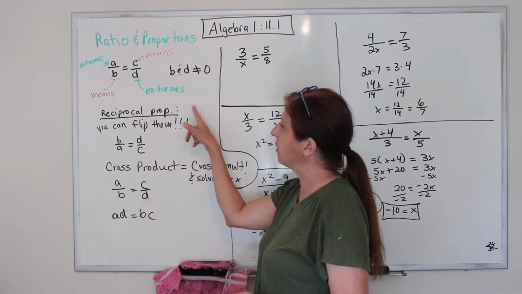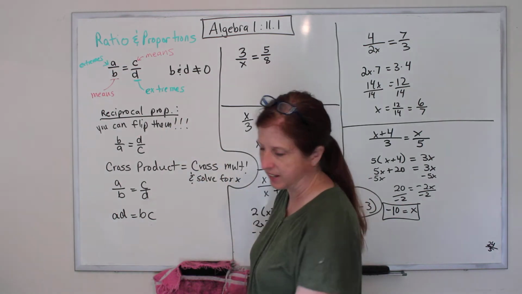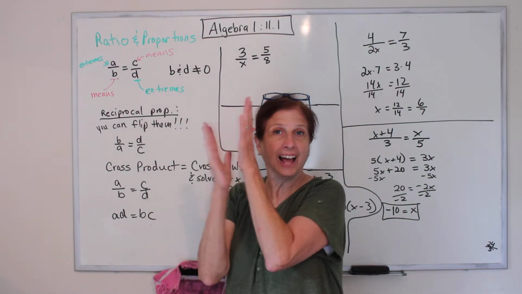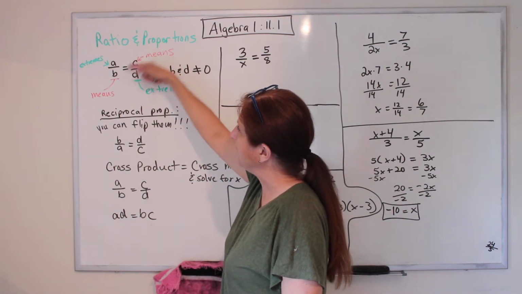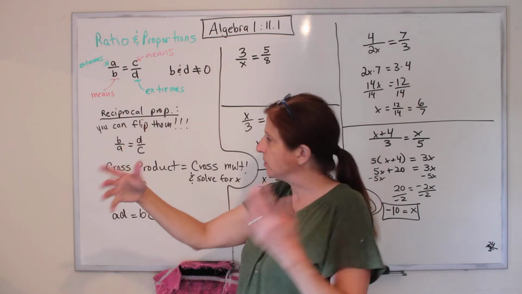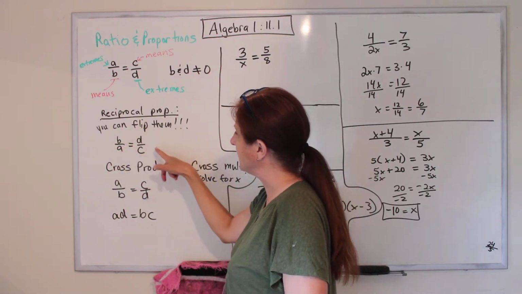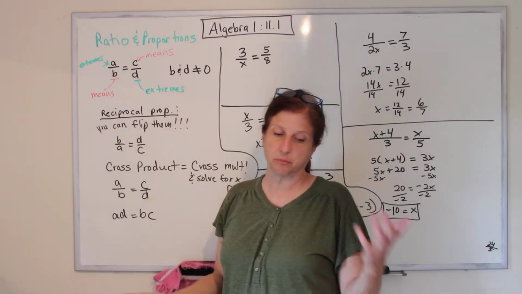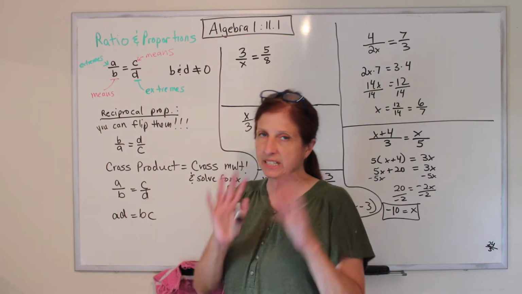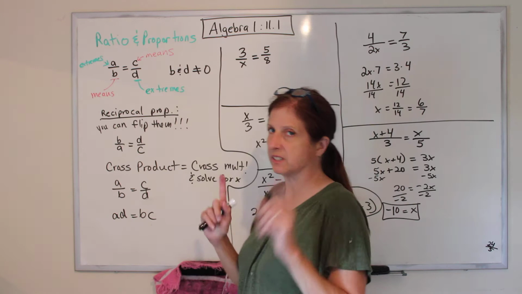Now there's something called the reciprocal property, which is fancy math for you can flip them, which means if A is to B as C is to D, then also true, B is to A as D is to C, which means as long as you flip both of them, it doesn't matter which is on top. If this seems confusing, don't worry, it'll make more sense in just a second.